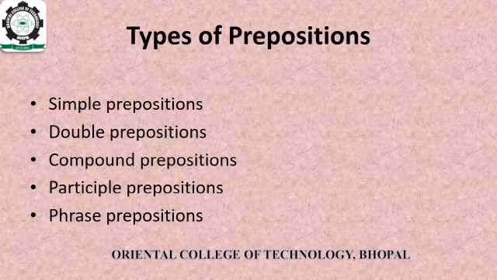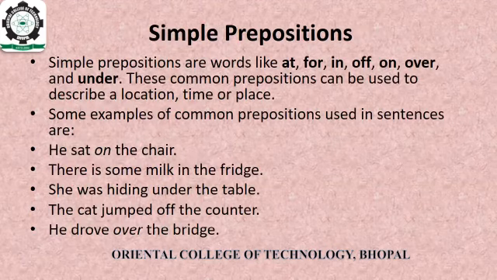Types of prepositions: simple prepositions, double prepositions, compound prepositions, participle prepositions, phrase prepositions. Simple prepositions. Simple prepositions are words like at, for, in, of, on, over, and under.